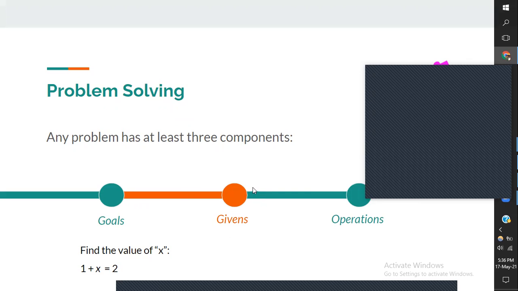For example, a question shows two cars in a race, which car reaches the finish line first. That would lie in givens.